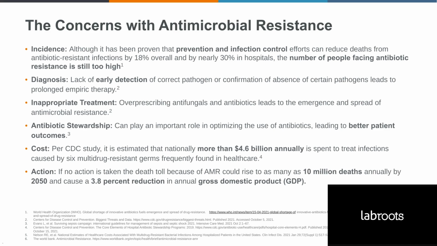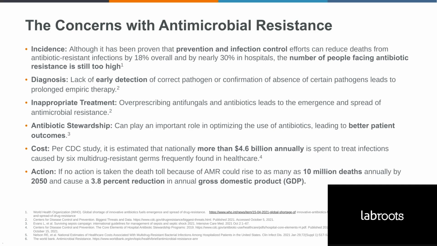Overprescribing antimicrobials leads to emergence and spread of antimicrobial resistance, and in a situation where early detection is challenging, overprescribing is seen as being acceptable. Antibiotic stewardship plays an important role in optimizing the use of antibiotics.